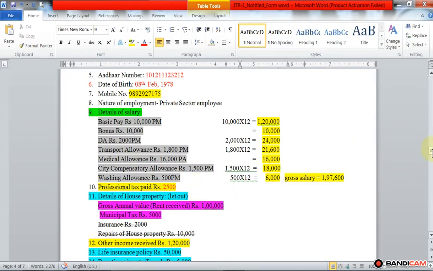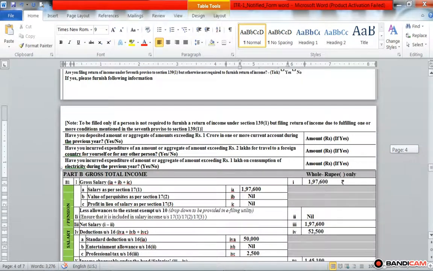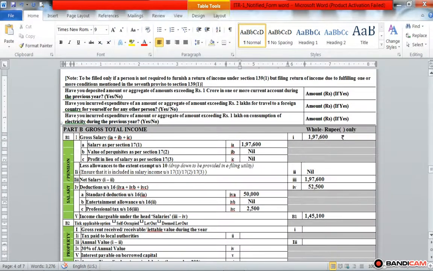Here the details of house property show that it is let out property. So we take into consideration that the property is let out property, and tick mark the appropriate box. We tick mark in the box of let out property.